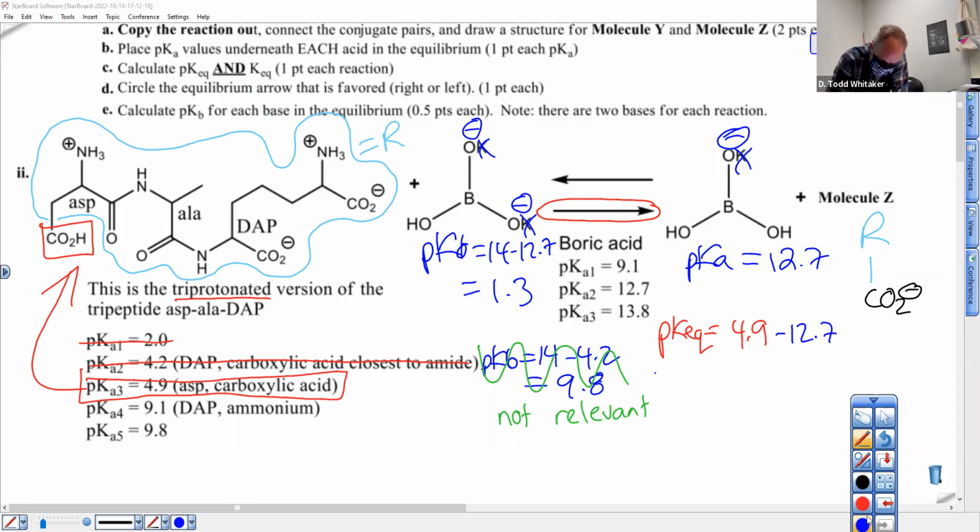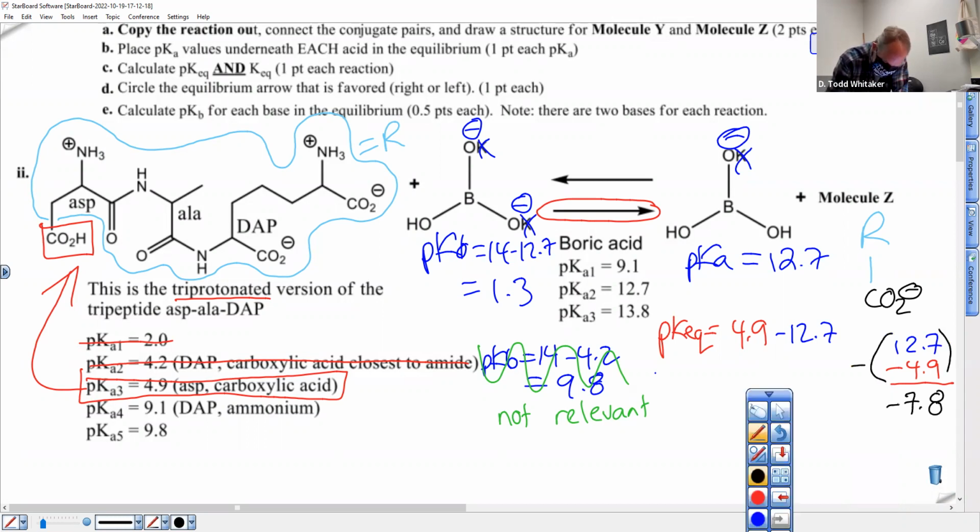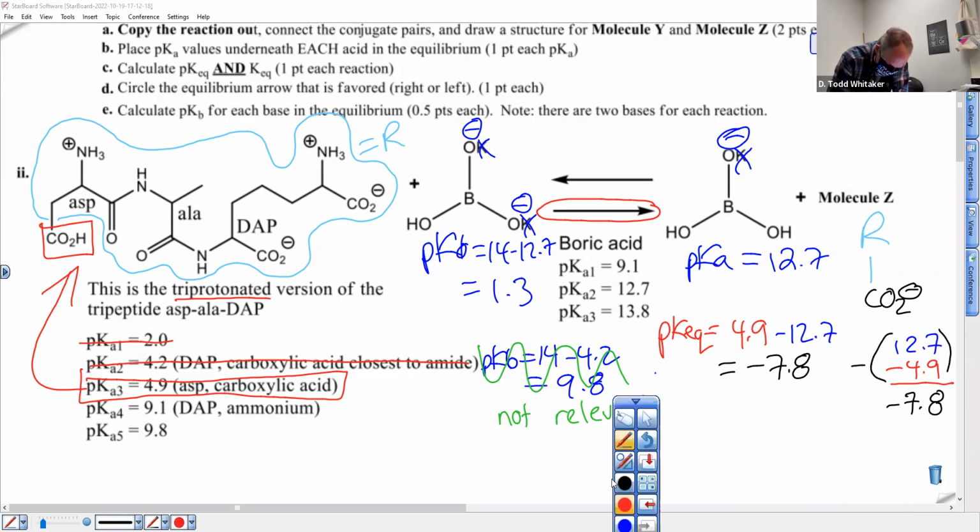If you're like me and no calculator, I got to do the bigger minus the smaller and then change the sign, because the sign is wrong. And that's an 8, and a 1 to 4 is a 7, and it's a negative 7.8, because you got to go negative. So K is 10 to the positive 7.8. That's big time. Right side favored, right? Right side favored.